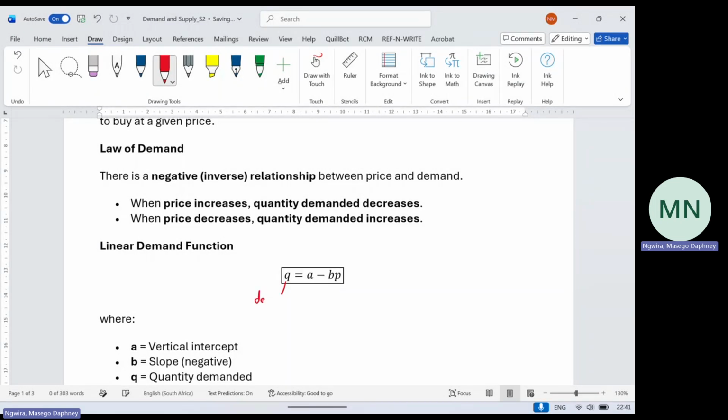So this is the dependent variable, and P is your independent variable, P meaning the price. So this is the independent variable.